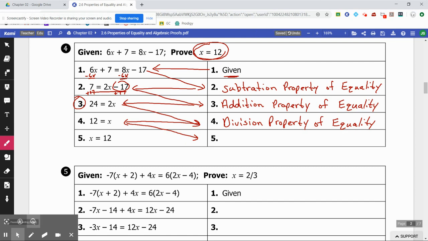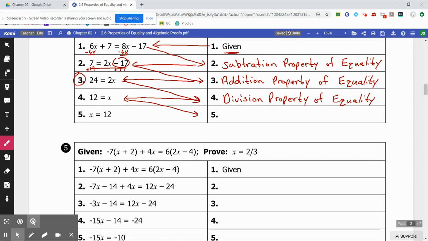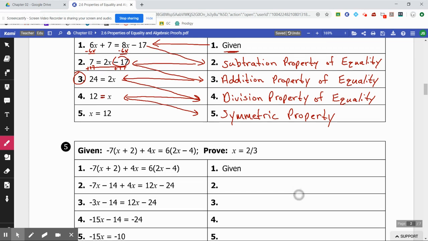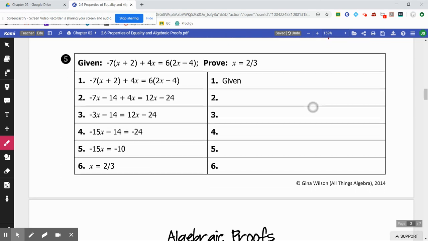And that reasoning would be the symmetric property of equality. Symmetric, or we'll just call it the symmetric property. And I'm perfectly fine now that we know that they're properties of equality. And what does properties of equality mean? They're equal signs. So I'm perfectly fine with you just saying the division property, symmetric property, or whatever, and so on and so forth. Okay, next problem.